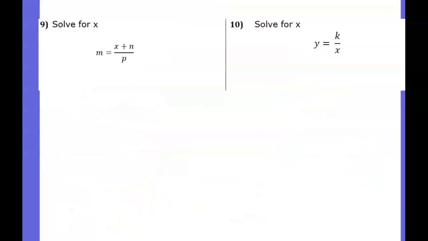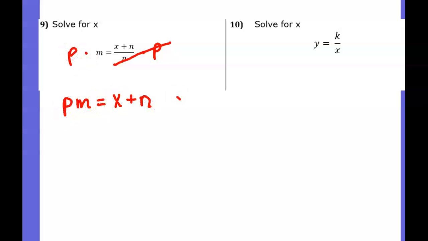Number 9, we're solving for x. Now we're dividing: x plus n divided by p equals m. The inverse operation of division is multiplication, meaning if I multiply that by p, p divided by p is just 1, so that will cancel out. Whatever I do to one side, I have to do to the other. So p times m is equal to x plus n.